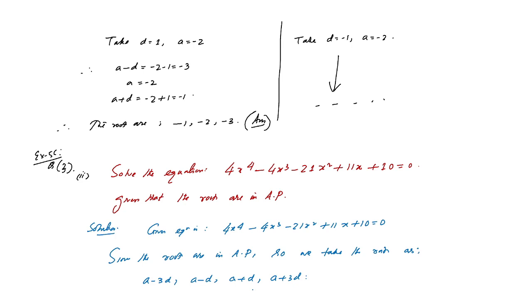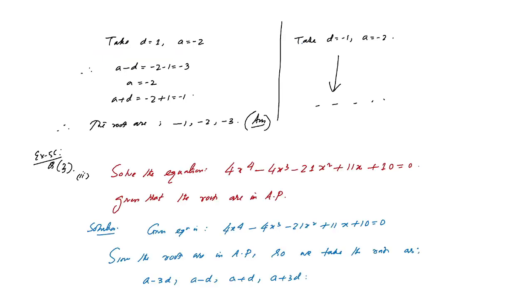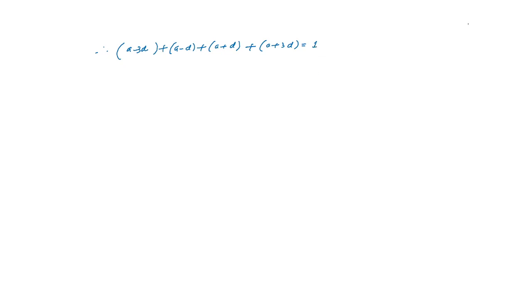Now we will apply the relation between roots and coefficients. So a minus 3d plus a minus d plus a plus d plus a plus 3d, that means sum of the roots equals minus b by a. So minus of minus 4 by 4, that will be basically 1. Here you will see all d are cancelled. So 4a equals 1, and from that your value of a is 1 by 4.